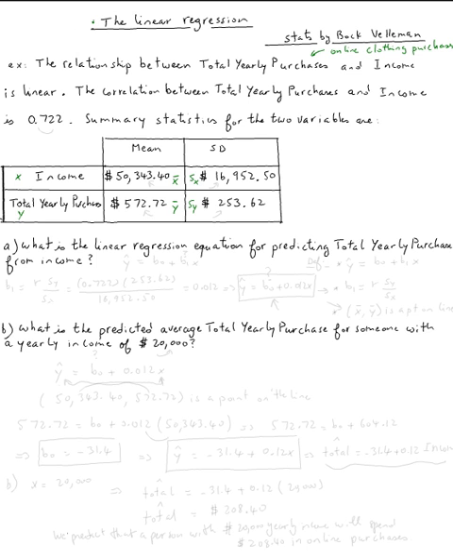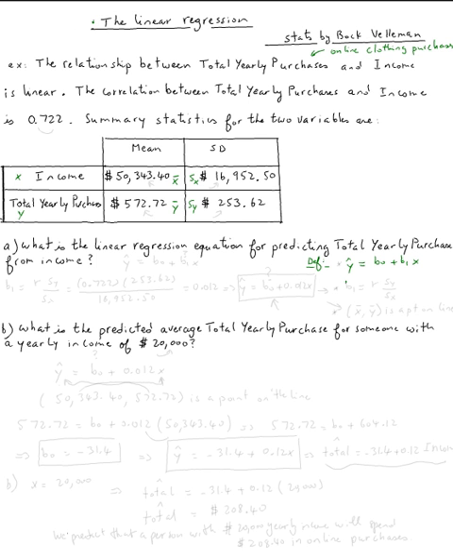Alright, so let's do the first example. I think we need to write the definition. I didn't write the definition, so let me write it here. The linear regression line is always going to be expected y equals b0 plus b1 times x.